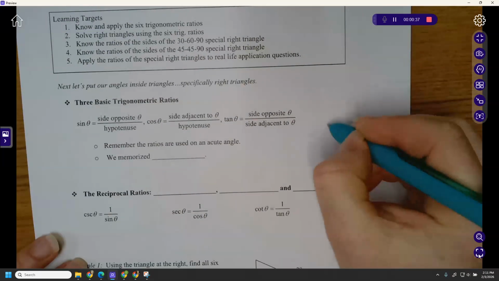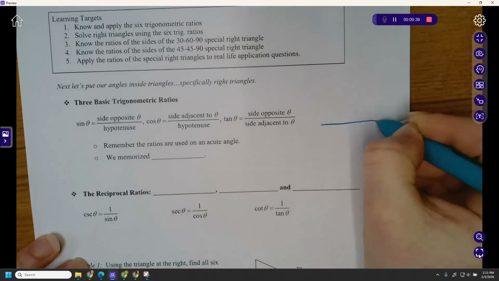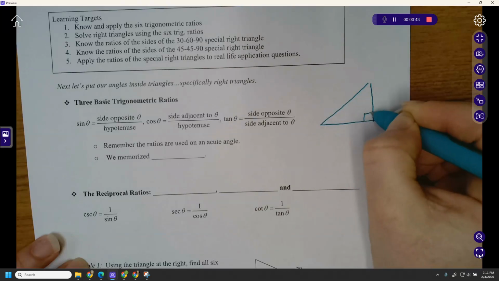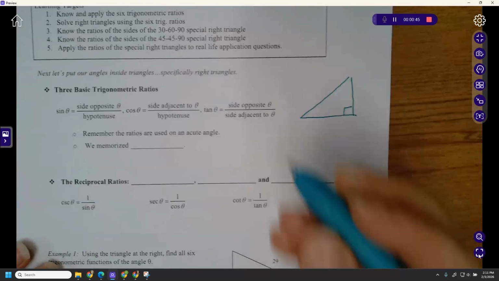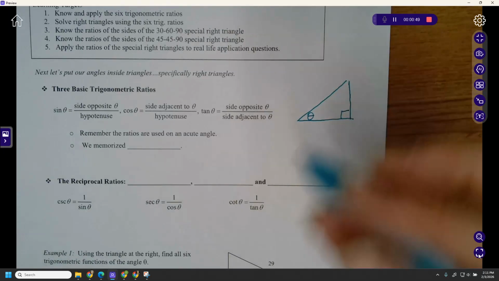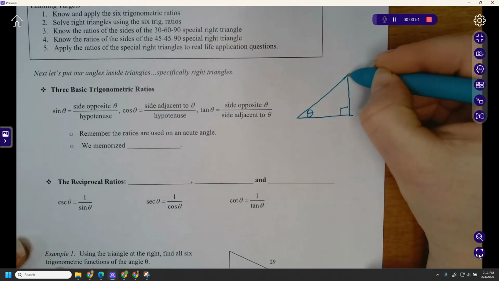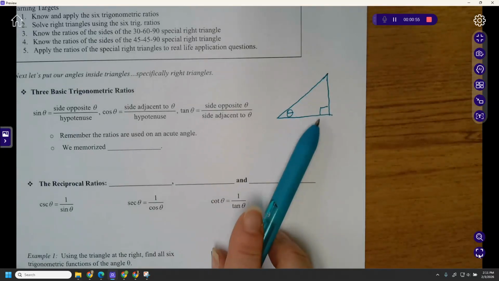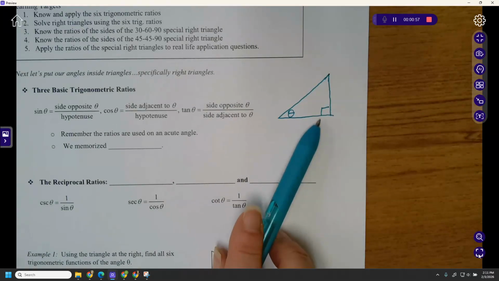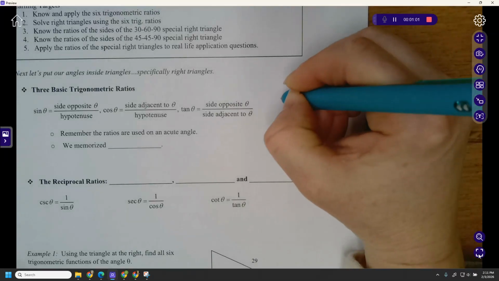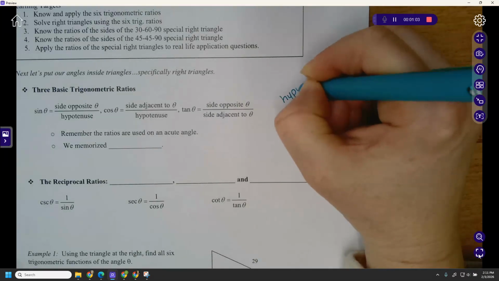Inside specifically right triangles, we have some functions that are defined by the ratio of sides. So I'm going to go ahead and make a right triangle. I'm going to choose to put theta in the bottom corner. And in a right triangle, we have a special name for the side opposite the 90-degree angle. What is that called? It's called the hypotenuse.